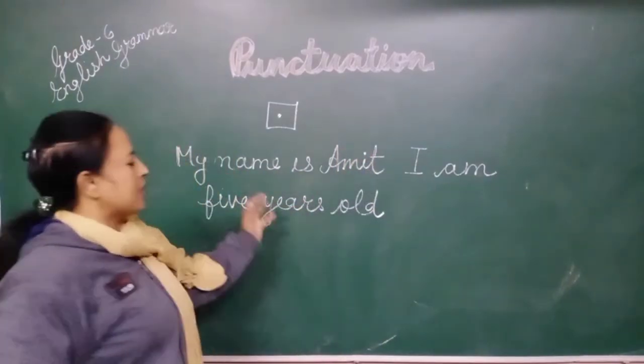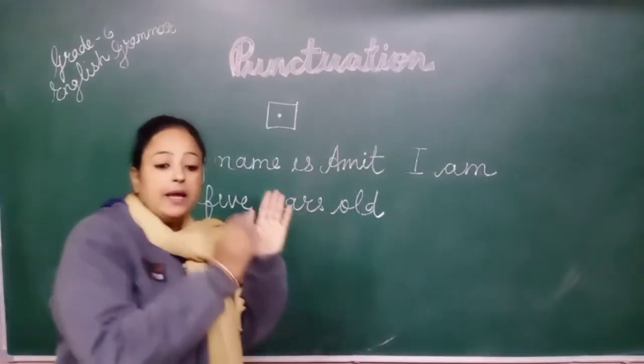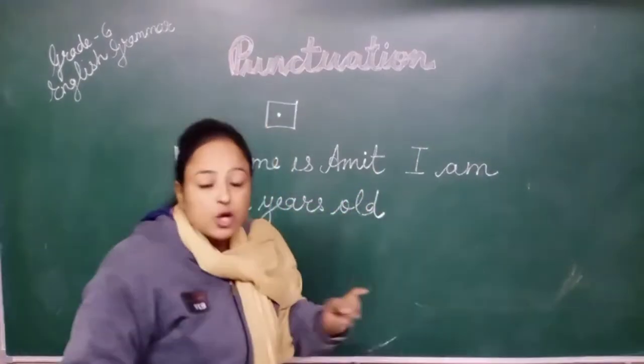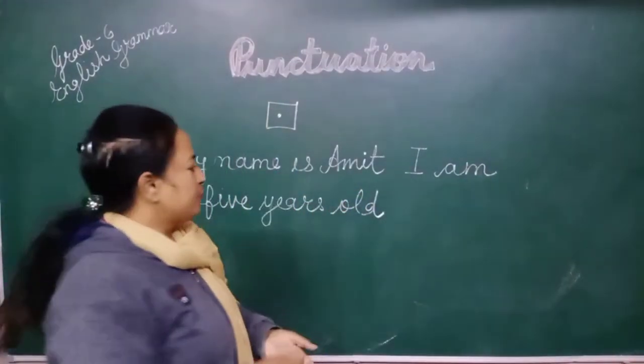I am 5 years old. My name is Amit. Here, the first sentence ends. So we put a full stop here.